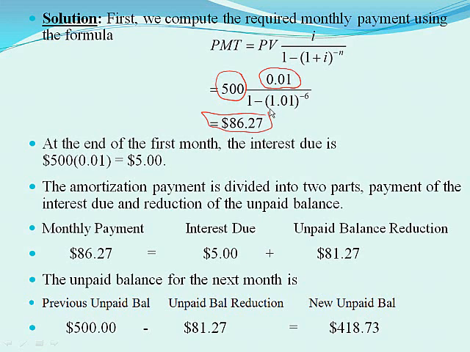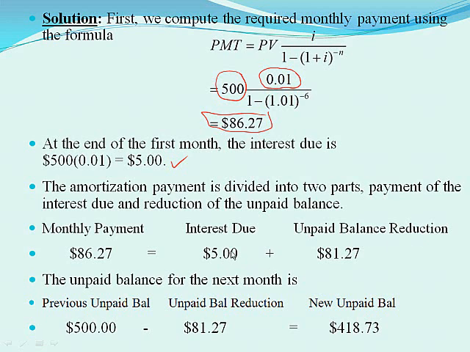At the end of the first month, the interest on the loan is 500 times 1%, which is $5. But we are making $86.27 as the first monthly payment. So we need to split this into the interest part and the unpaid balance reduction part.